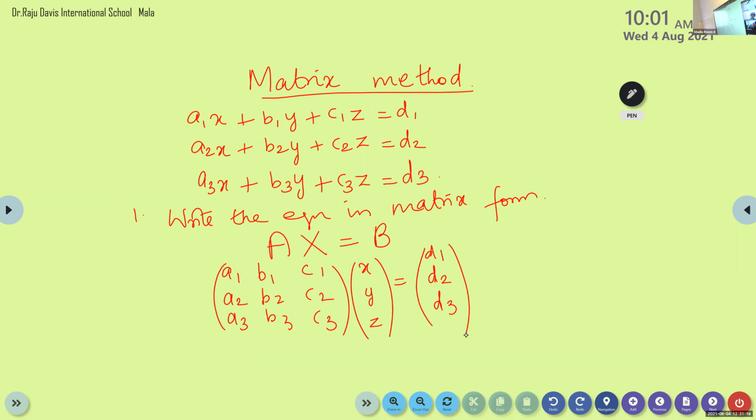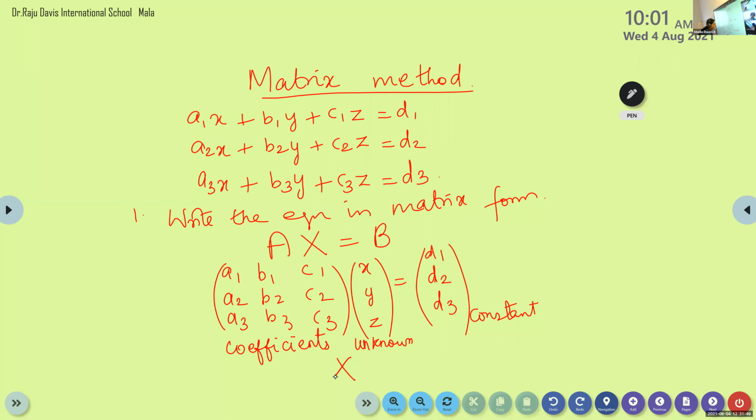Write the given set of equations in the form AX equals B, where A is the coefficient matrix, X is the unknown matrix, and B is the constant matrix.